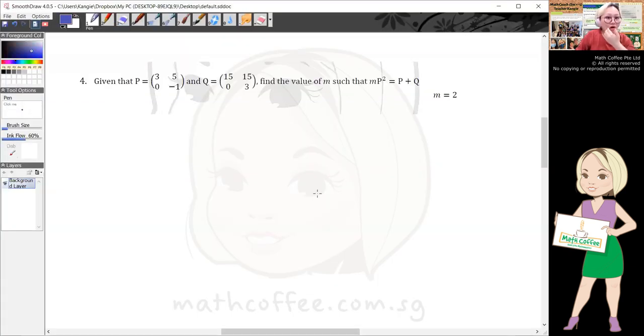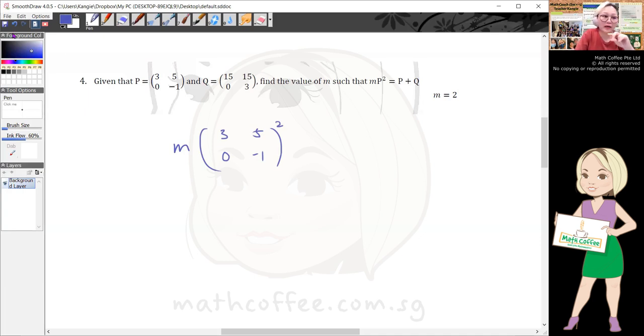Okay, question 4. P and Q are given, they say find the value of M such that MP square equals to P plus Q. Okay, so let's just put M as the unknown first. P square means it will be 3, 0, 5, minus 1. Take note, P square, a common mistake students make is they put square and then square the individual numbers, 3 square, 5 square, 0 square.